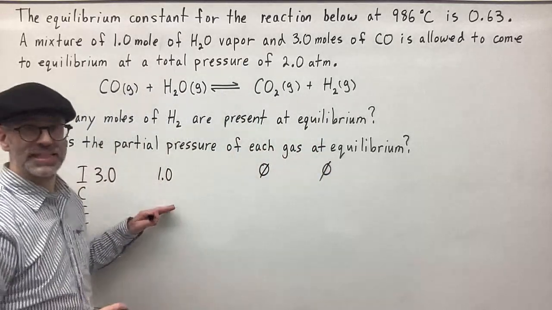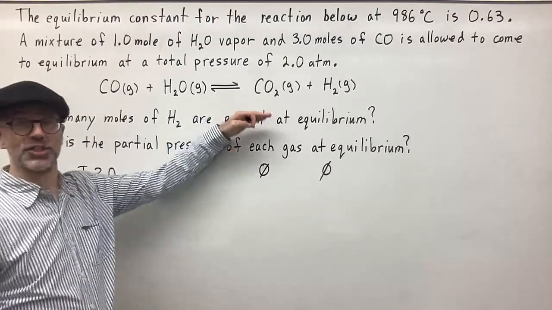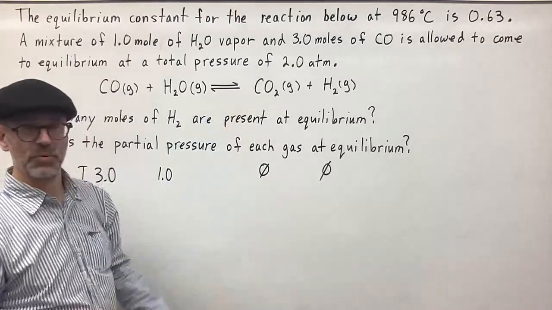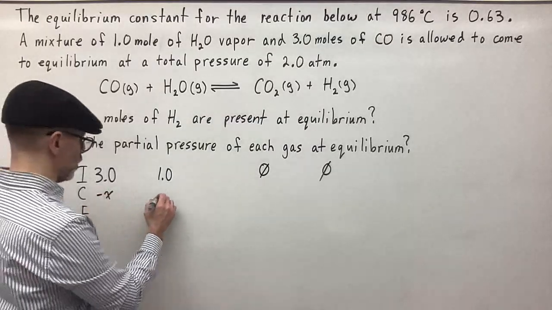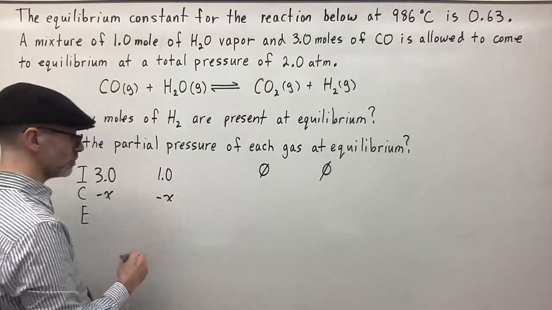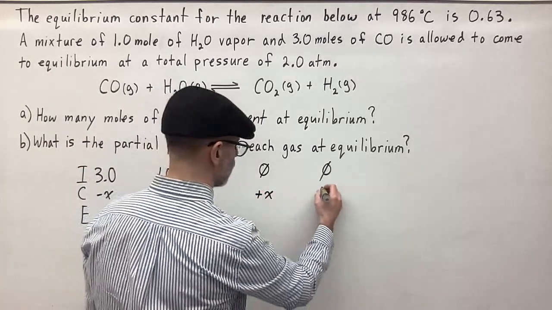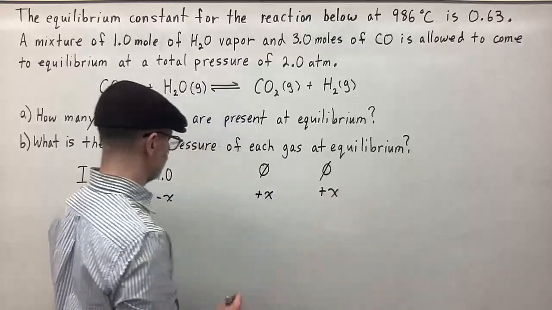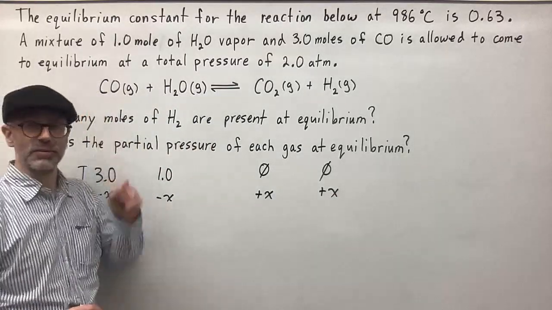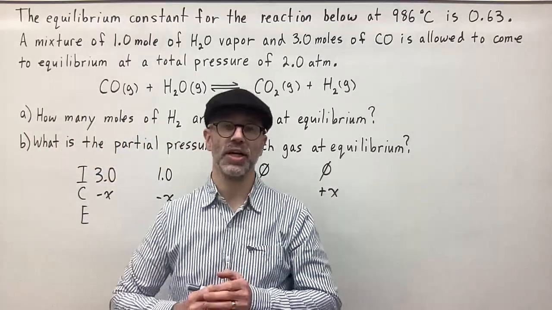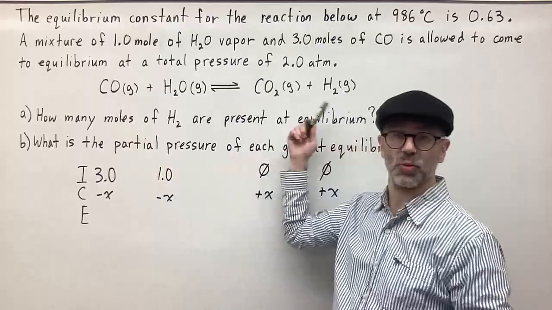And since we have 0, it's going to shift in this direction to make product, since we don't have any product. So we're going to lose an X amount here and here. And we're going to gain an X amount here and here. And they're all X's because we have to pay attention to the stoichiometry of the balanced equation, and the balanced equation is 1 to 1 to 1 to 1.